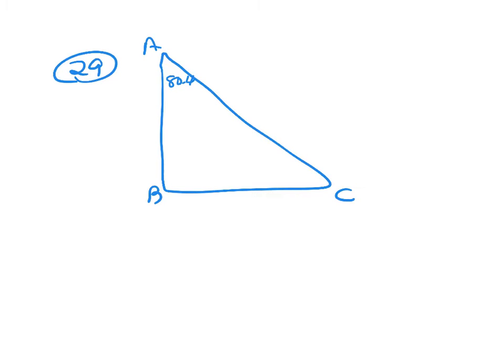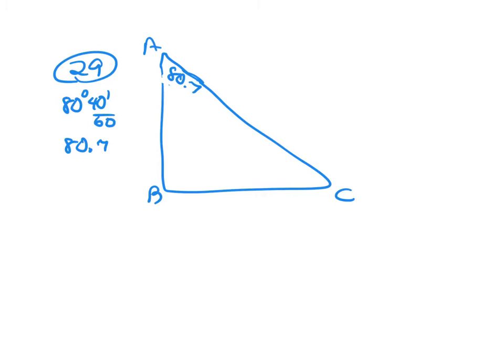I need to switch this to a decimal degree, so I'm going to divide the 40 by 60. So 80 plus 40 divided by 60 is 80.6 repeating, so I'll make it 80.7.